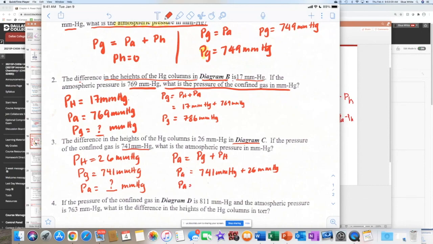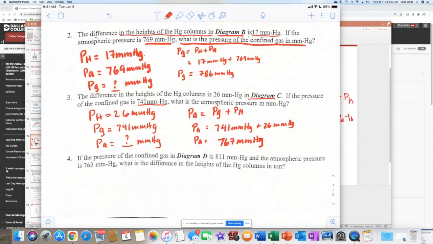So let's see this one here, 741 plus 26, 767 millimeters of mercury. So we have one last one, and then we'll move on from this concept.